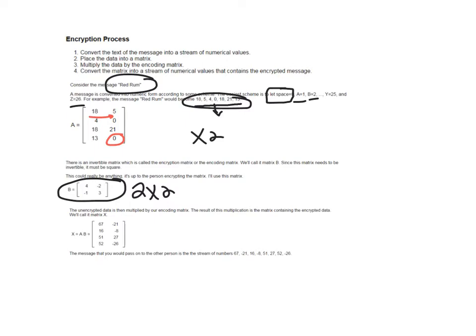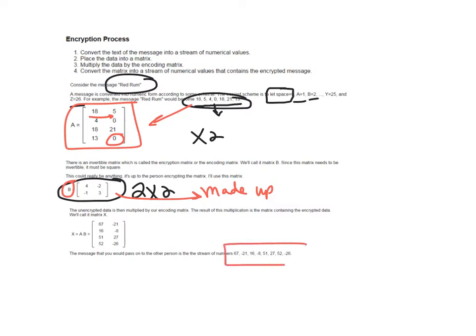And then to encode a matrix, you just have to multiply your initial matrix that's created by the numbers that correspond to the letters times whatever encoding matrix you have. Again, this is made up, so you can decide what that matrix is. The only tricky part is you have to give this matrix B to whoever you want to decode your message, and then the message at the end.